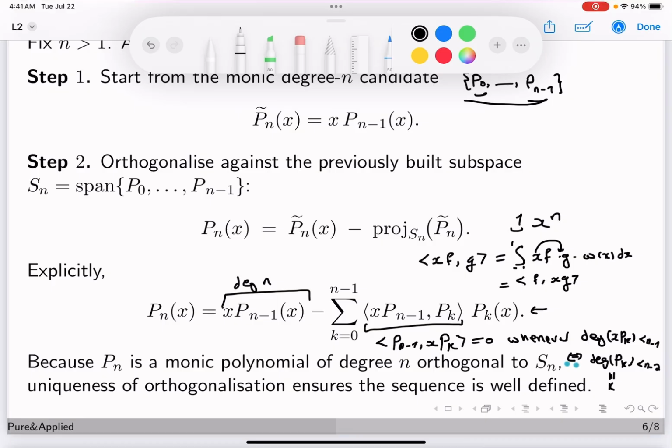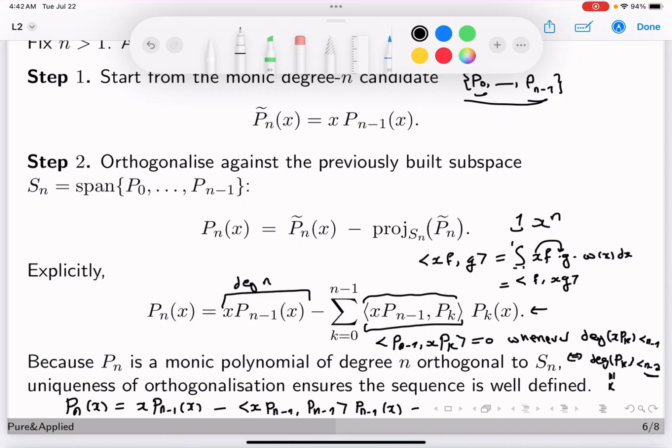In other words, what we have is that Pn of x is just x Pn minus 1 of x minus, I'm going to start from the biggest k and go down. So at k equals n minus 1, we have this. And then at k equals n minus 2, so notice as long as we're not less than n minus 2, these terms need not be 0, okay?